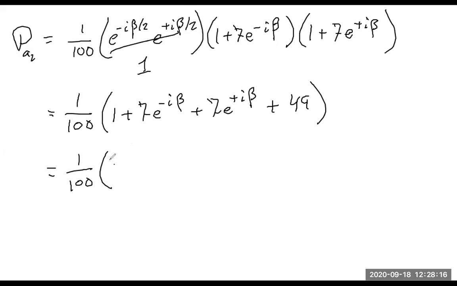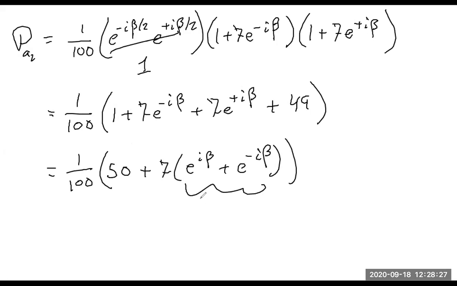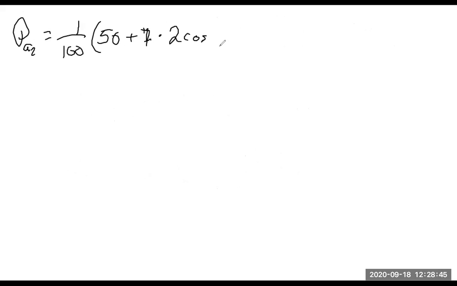And this gives me 1 over 100. 1 plus 49 is 50. And this gives me plus 7 times e to the i beta plus e to the minus i beta. And this is 2 times the cosine of beta. So this probability of measuring A2 is 1 over 100 times 50 plus 7 times 2 cosine beta, which is just the 14.